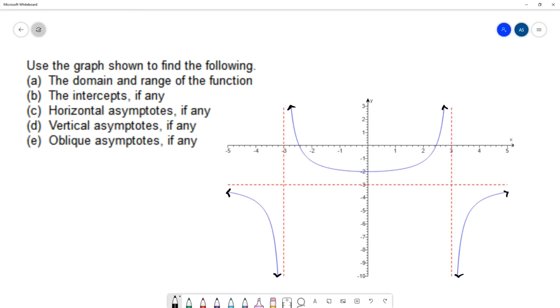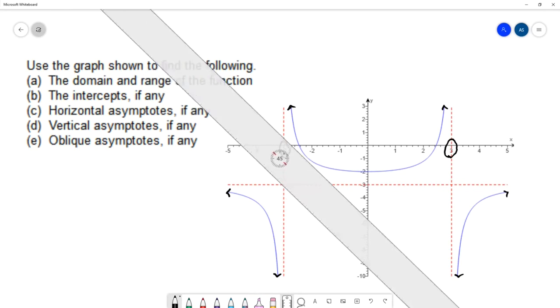They indicate where the graph is approaching that line but not reaching the line. And so this graph will have a break at the asymptote of x equals -3 and another break at x equals 3.